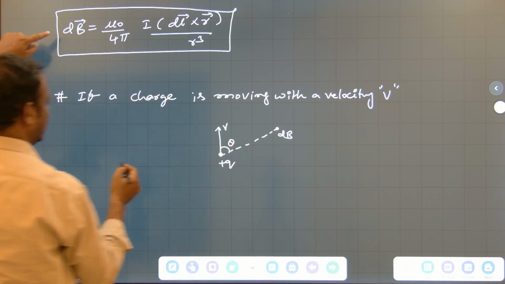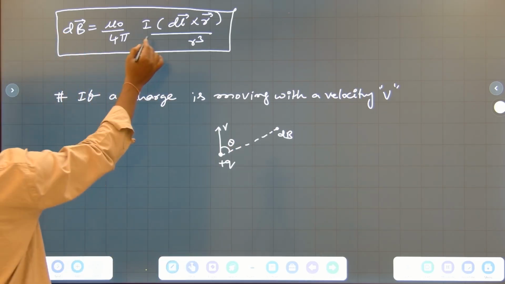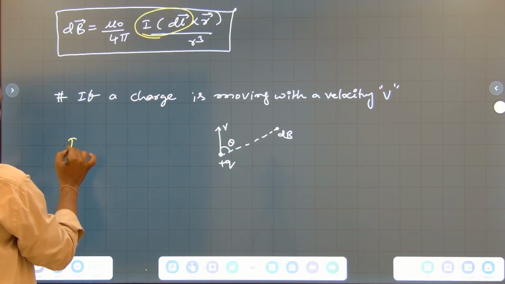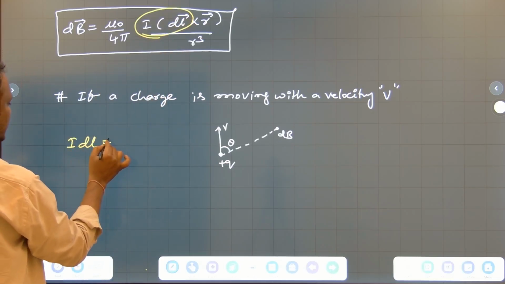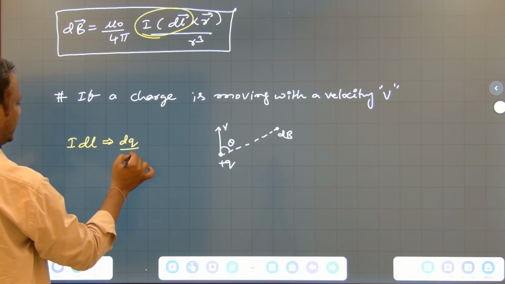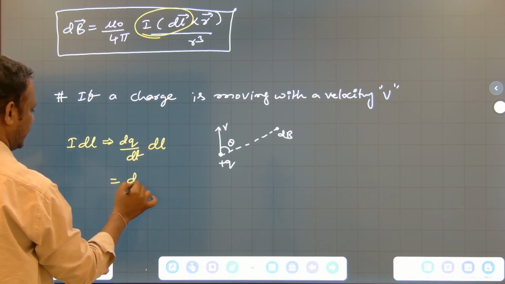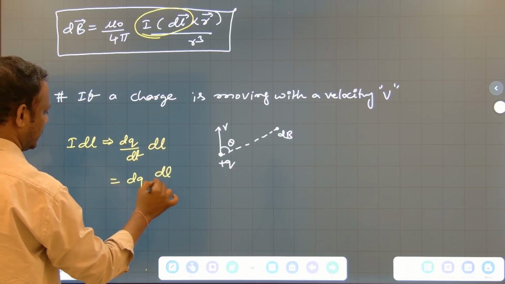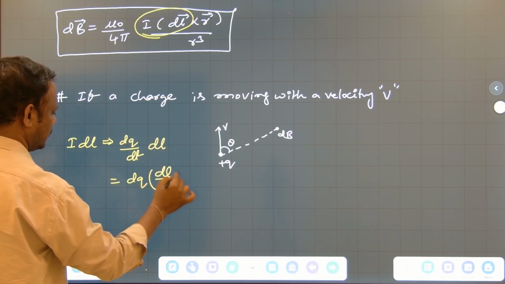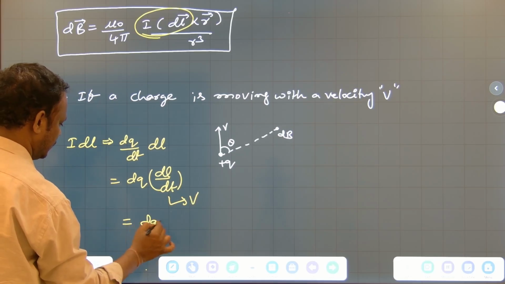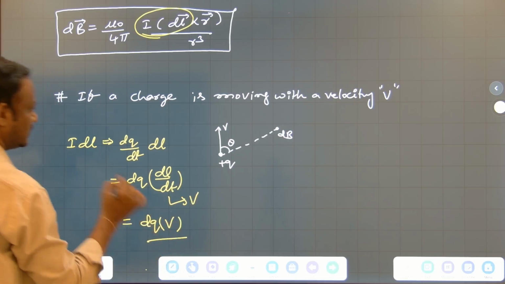From this relation, I dl means dq by dt times L, which is dq times L by dt. So it gives velocity. I can write it as dq times v.